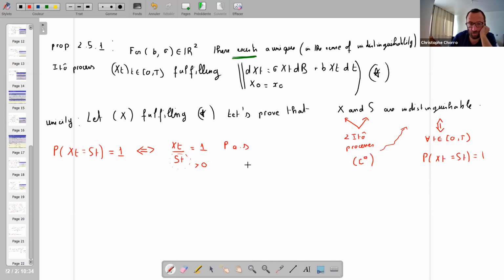To prove this, we are going to compute d of X_t over S_t, the Ito differential of X_t over S_t. And to do this, I can write it this way.